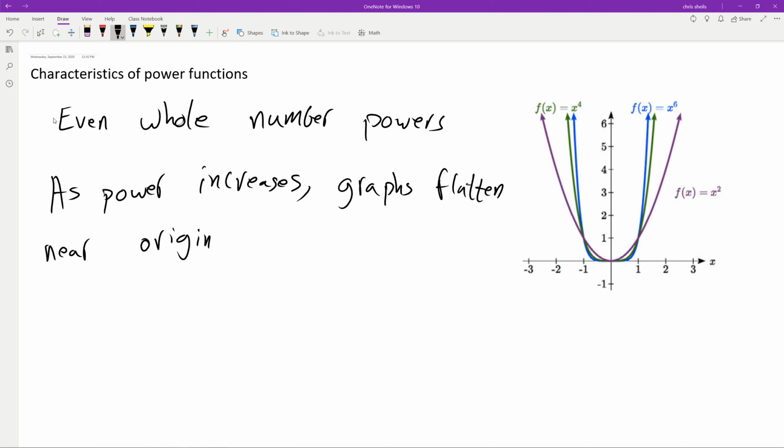Because notice here that, for instance, f of x equals x to the sixth is very flat near the origin, where f of x equals x squared is not very flat near the origin at all. And these become steeper away from the origin. Notice how f of x equals x to the sixth is growing the fastest, right? It's becoming the steepest, the soonest.